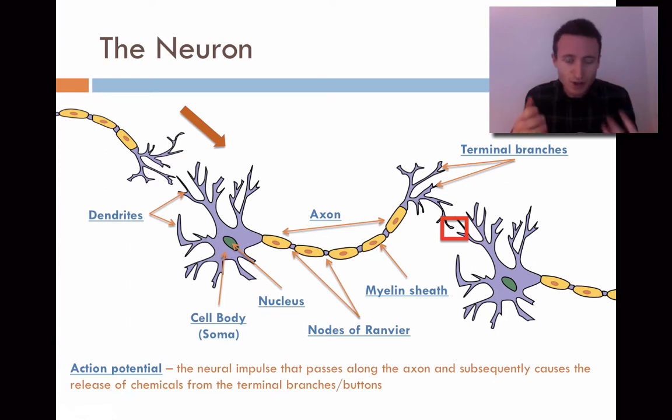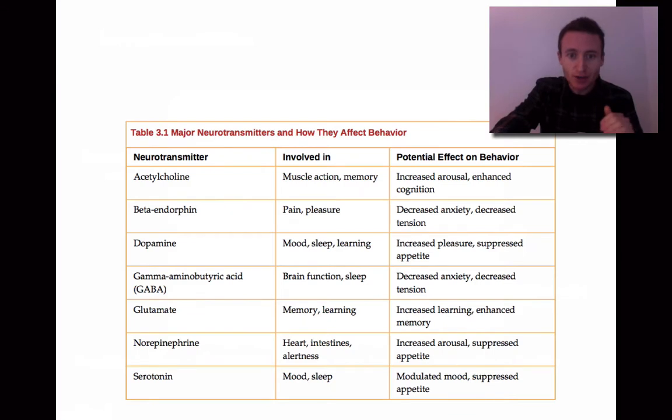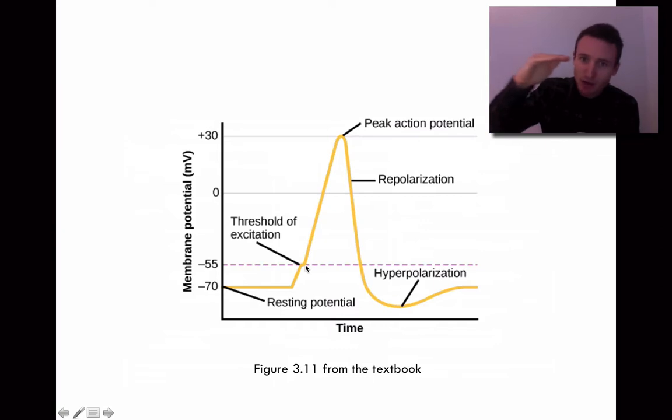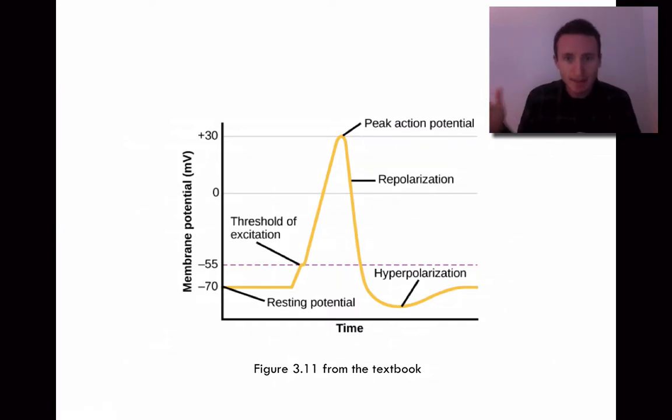So what should this neuron do? Should it rest? Should it remain in a state of what's called polarization? Or should it fire? Well, every single neuron has a threshold. The threshold is important because it's basically this point where you can have these excitatory messages saying go, go, go. But if there's not enough of those messages, in other words, if it's not at that threshold, the neuron doesn't do anything.